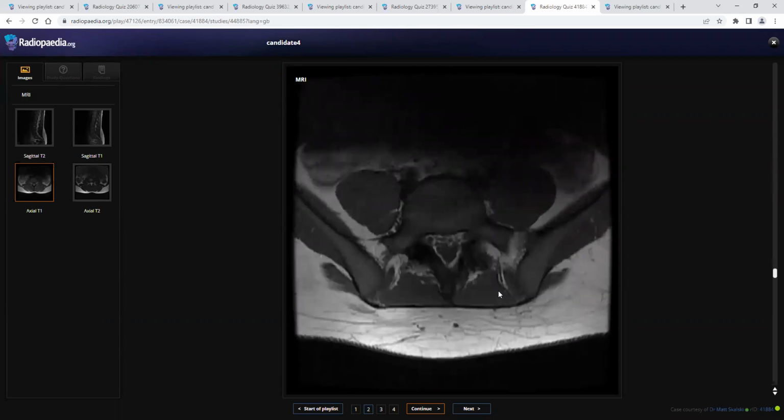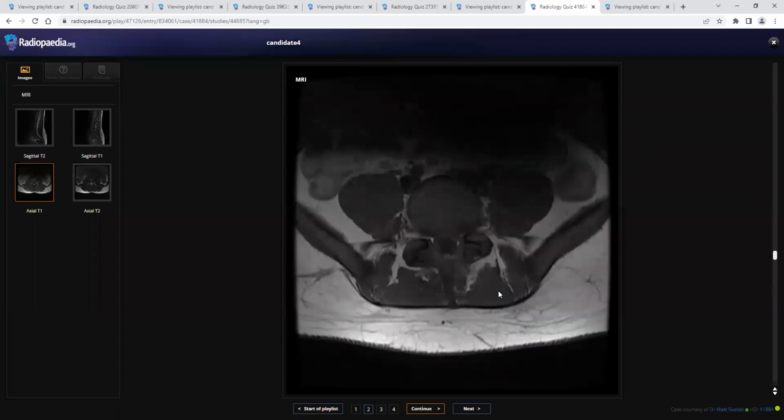What's your final diagnosis and how will you manage? Okay, I think this is a case of lipomyelocele with no evidence of extrusion of intraspinal contents.